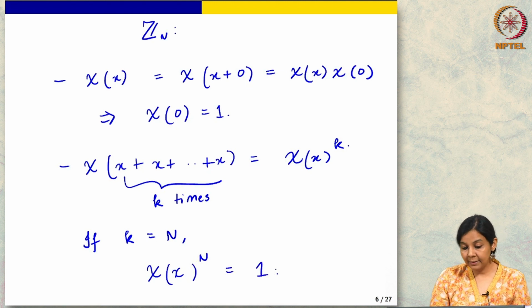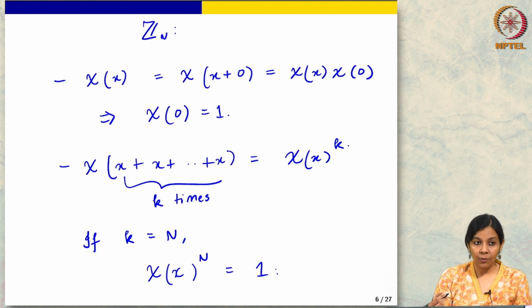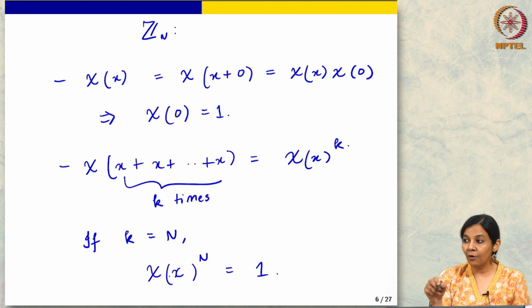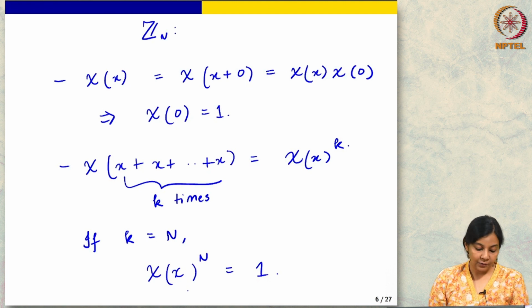Why is that? x plus x, n times, that is n times x, that becomes 0, and chi of 0 is 1. So chi of x to the n is nothing but chi of nx, which is chi of 0, which is 1.